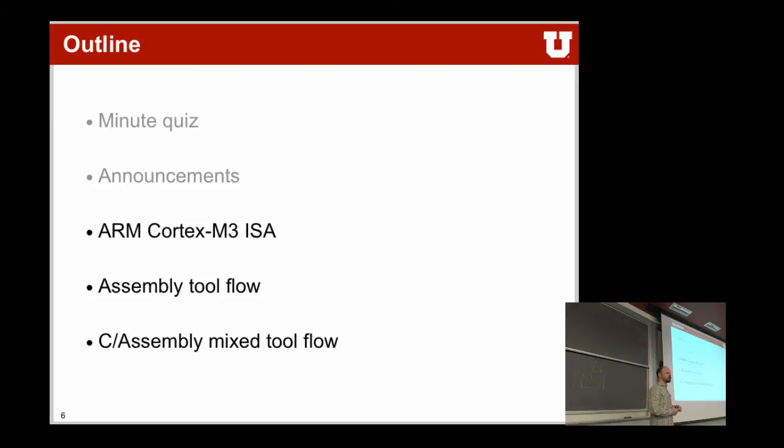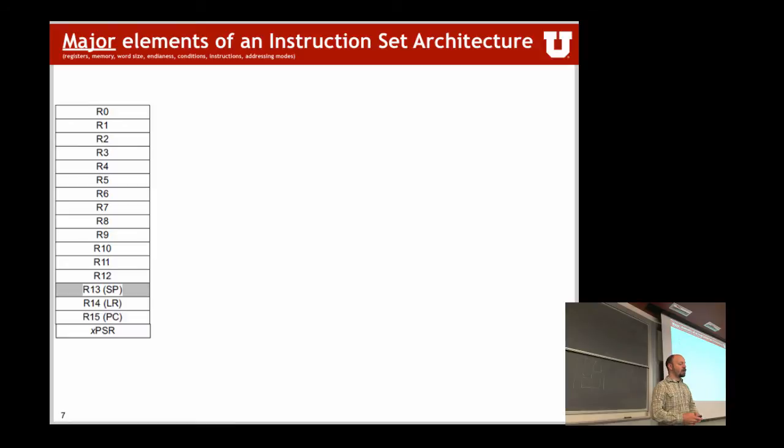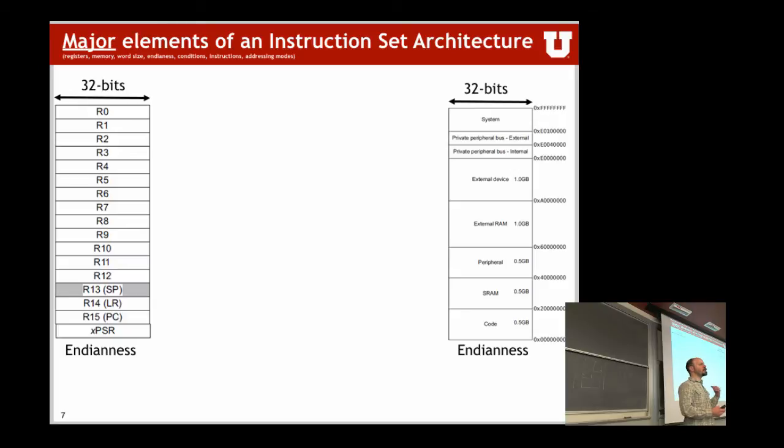Today we will repeat a lot of the things that we saw last time because many of these concepts are really important. We had the major elements of the instruction set architecture last time, right? On one hand, all the registers. We had the memory map that we do operations on and get data in and out from. All of them are 32 bits. We talked a little bit about endianness, but we will look at that a little more today, what this really means.